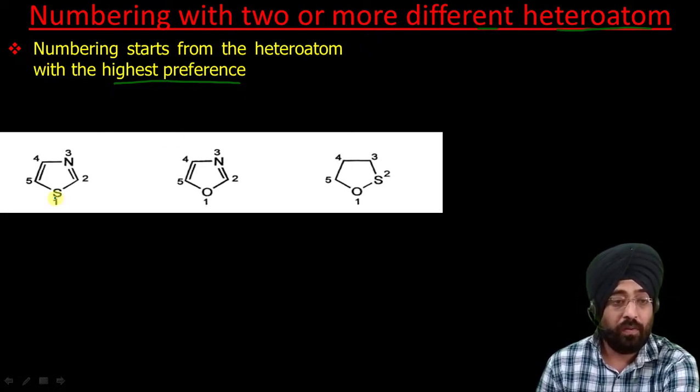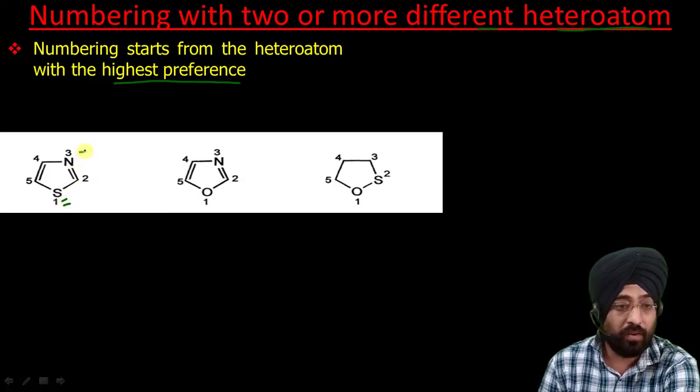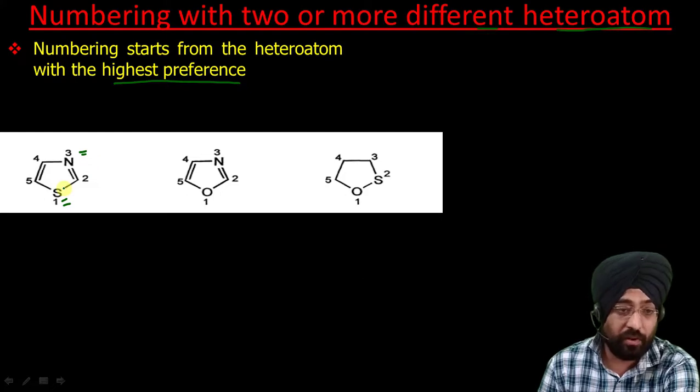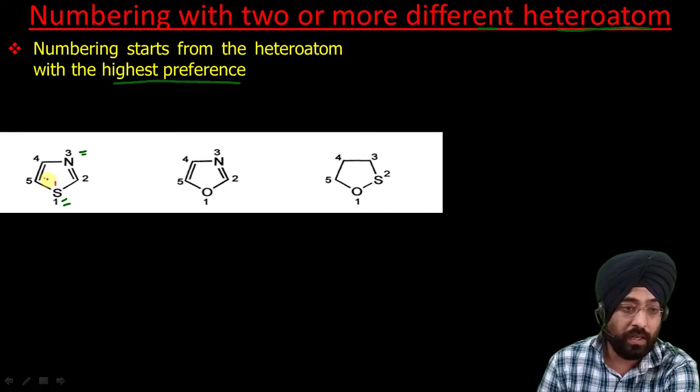Now this compound, it has two heteroatoms, sulfur and nitrogen, and out of these sulfur has higher preference than nitrogen. So numbering will start from this sulfur. Now again there are two possibilities. We can go like this: 1 2 3 4 5. Another possibility can be 1 2 3 4 5.